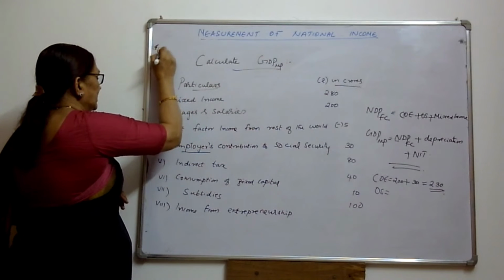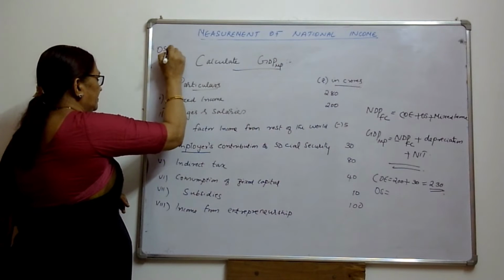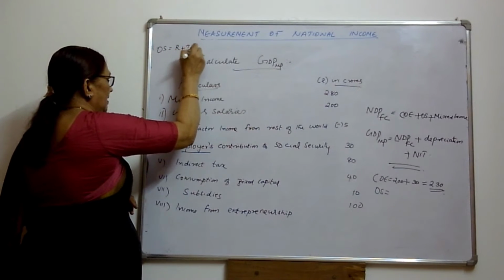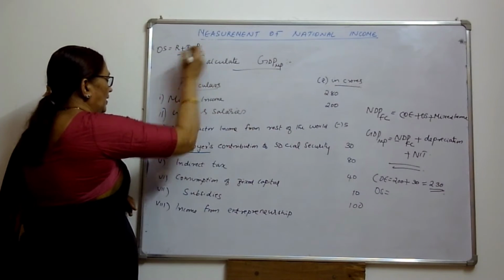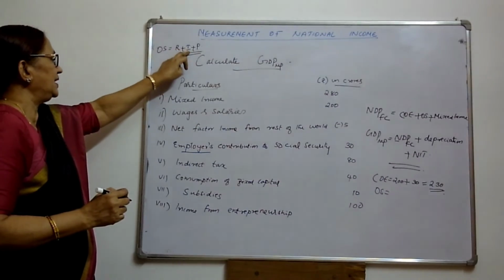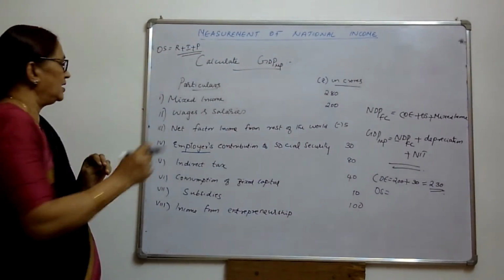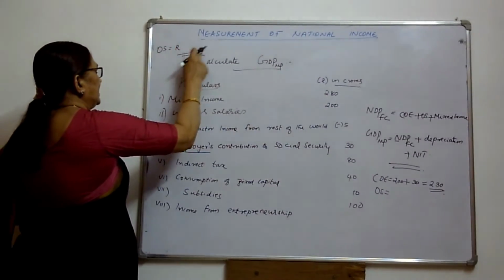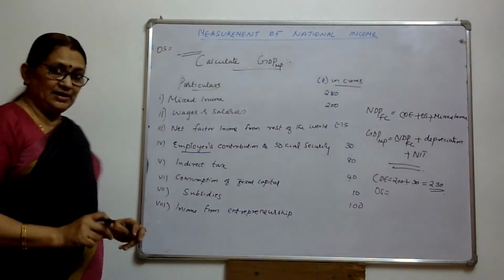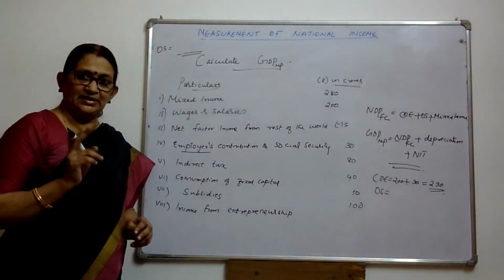We know in the previous class we have mentioned operating surplus is equal to rent plus interest plus profit. If royalty is given, that also is to be added. So if rent and interest both are not given, is profit given? Yes, it is given.